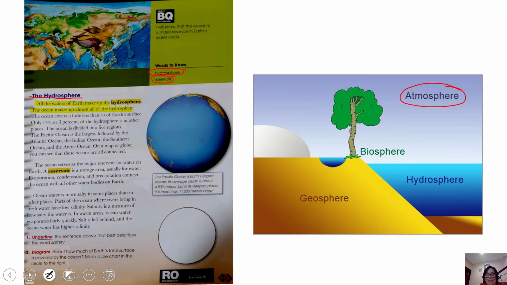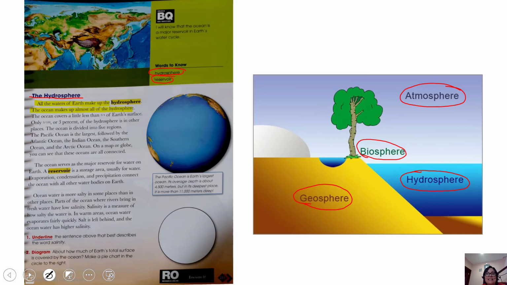We have the geosphere. That is the part of the soil, the part of earth, land. And we have the biosphere, the living things, plants, animals, and the hydrosphere here.